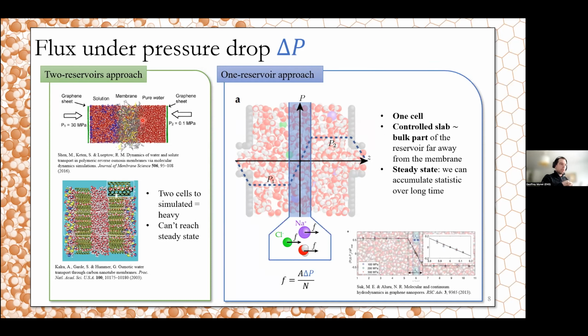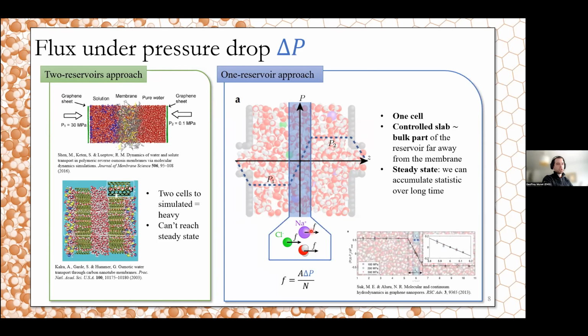So we choose another approach, which is to consider only one reservoir and to define a control slab, here in blue, in which we apply an external force field to all particles that belong to this slab. If we do that, you end up with a pressure profile that looks like this, and you can connect this pressure drop to the individual force you apply on each particle.